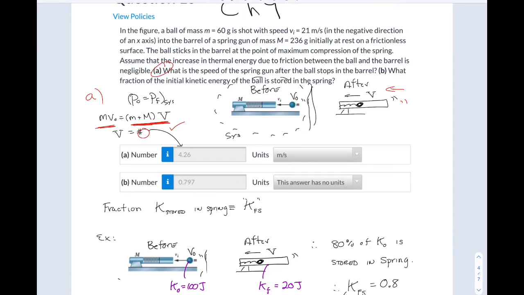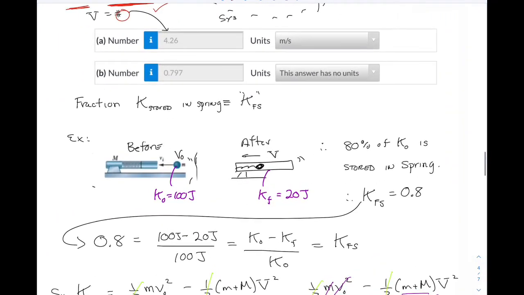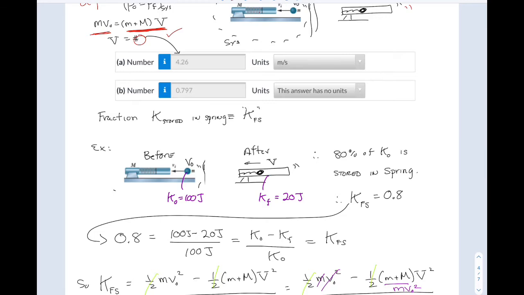Part B: what fraction of the initial kinetic energy of the ball is stored in the spring? Now, this is like some of the other ones I talked about, where you're not going to find an equation in the book for fraction of kinetic energy. You have to figure that out. So I said, let's say in my before picture, the ball comes in before it collides with 100 joules of kinetic energy.